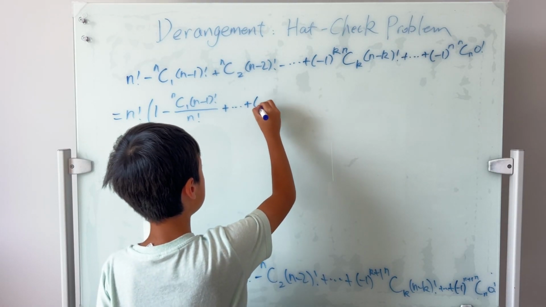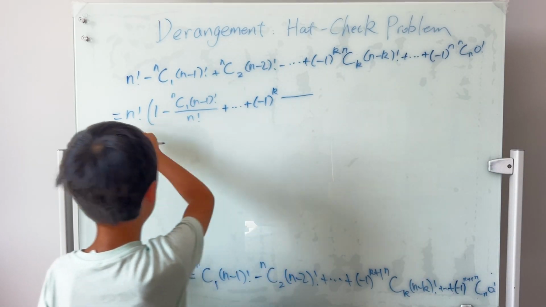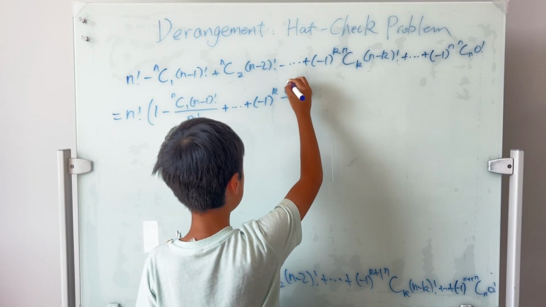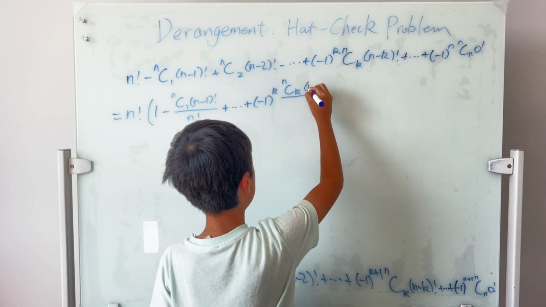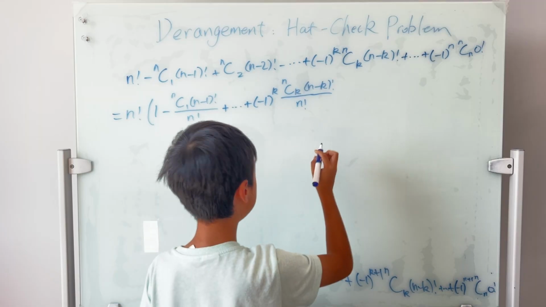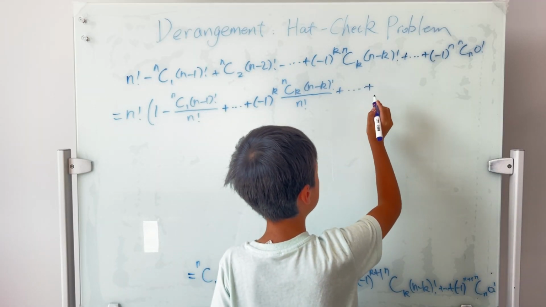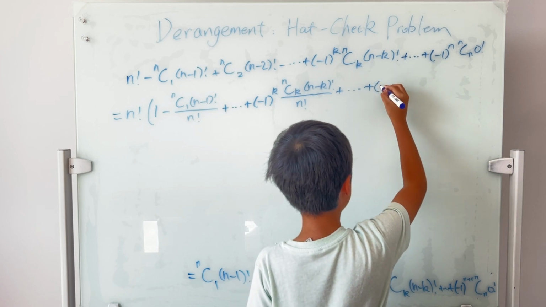Actually, I'm going to write this here and then write this over n factorial. Okay? So Cnk n factorial. Yep. And then plus dot dot dot plus this. I'm just going to do the same thing.